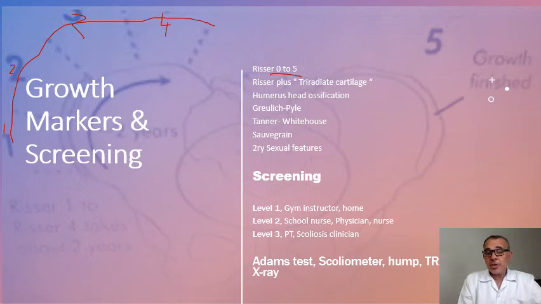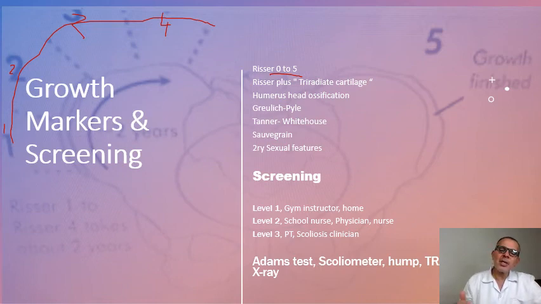Now, the screening is very important. I divided this like level one, the gym instructor at home, just screening at home. Level one, just regular people, general education, general people that deal with kids around the age of 8 to 12 years old. Then we have level two. Of course, the kid can see a school nurse or even his physician or pediatrician and any regular nurse.